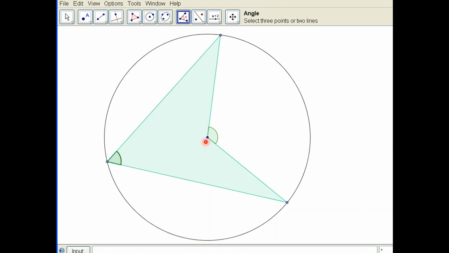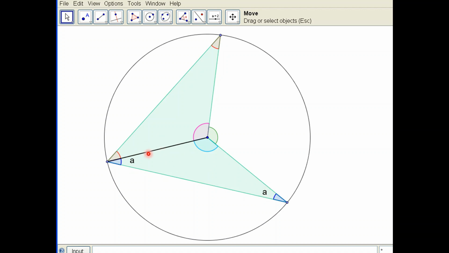Now, I'm going to draw another radius from here to here, right? So that is what I have now. Now, I'm going to call this part A. If this is A, then this is also going to be A.